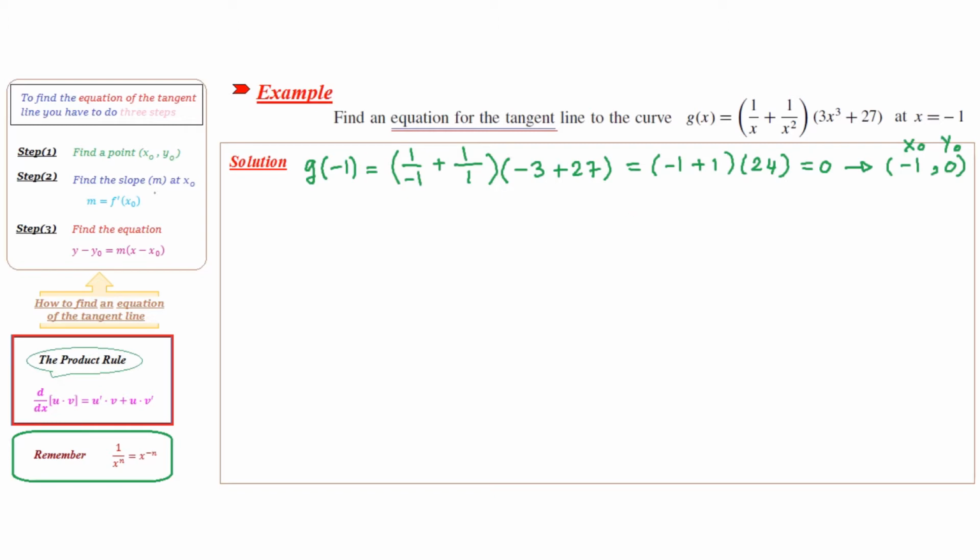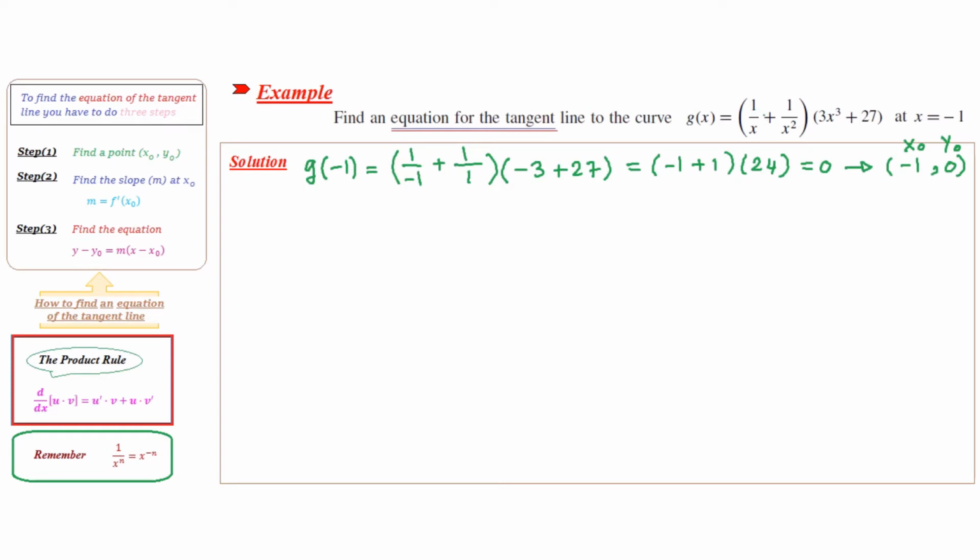Secondly, you have to find the slope of the function at the given x. You have to use the product rule. So the first function is u and the second function is v.